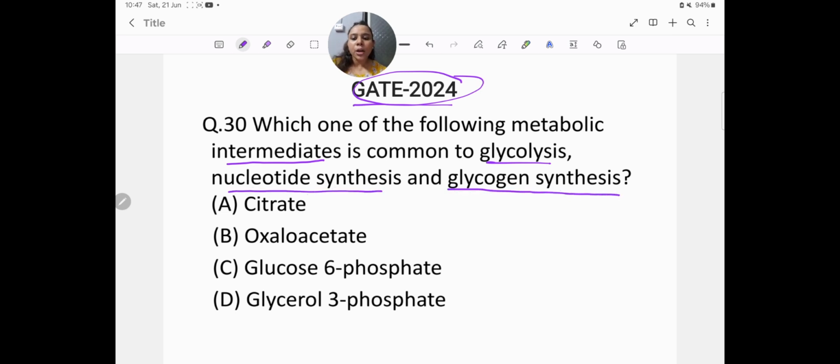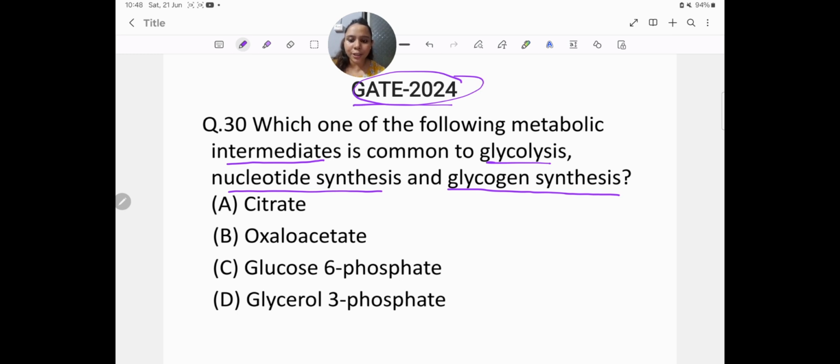That means choose one compound which is common for these three biochemical pathways: glycolysis, nucleotide synthesis and glycogen synthesis. Options are A citrate, B oxaloacetate, C glucose 6-phosphate and D glycerol 3-phosphate.